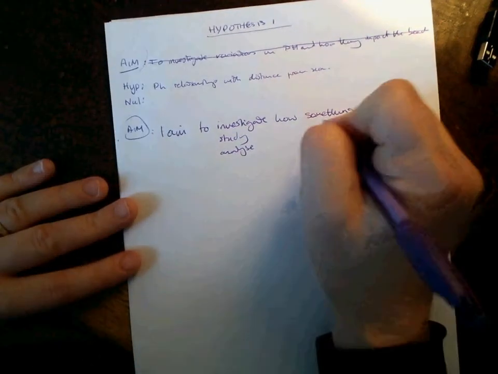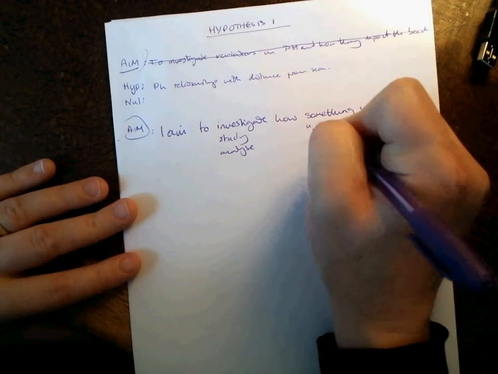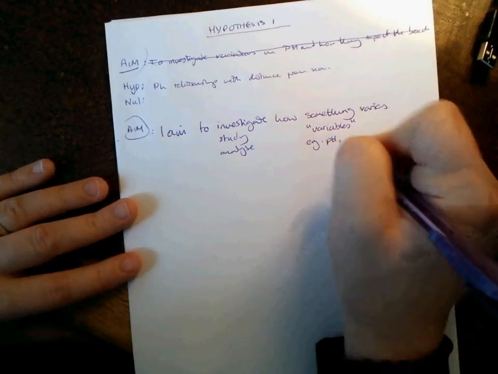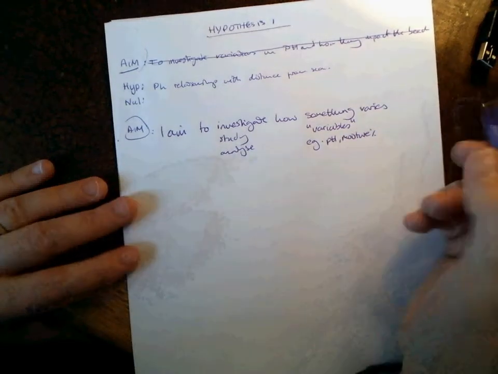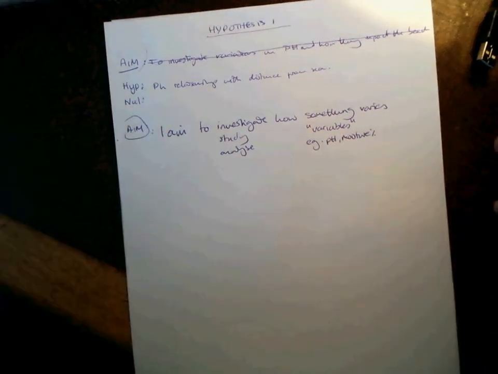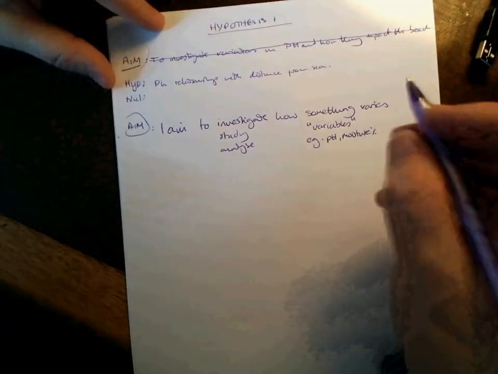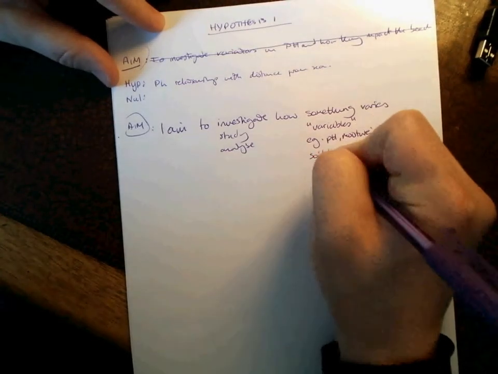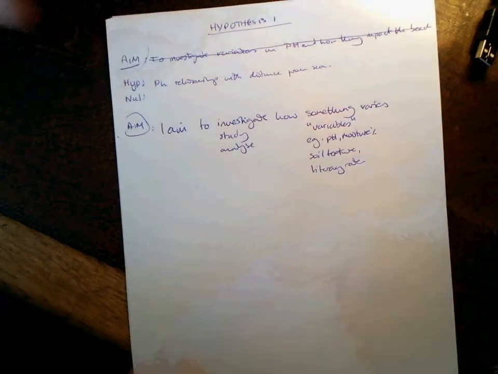I aim to study how something, now when we say something, what I mean here is one of your variables, e.g. pH, moisture percent, soil texture, there you go, there's another one. Literacy rate, there's tons, okay? Obviously there's lots of you doing different things.